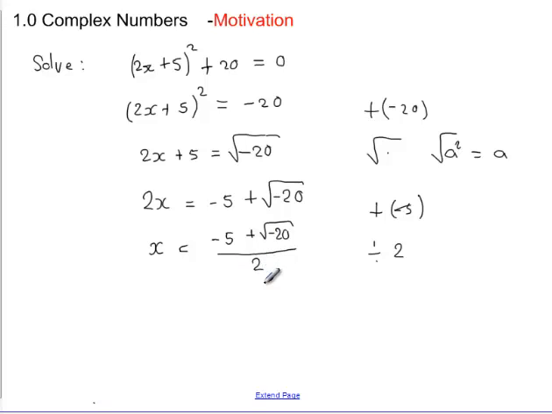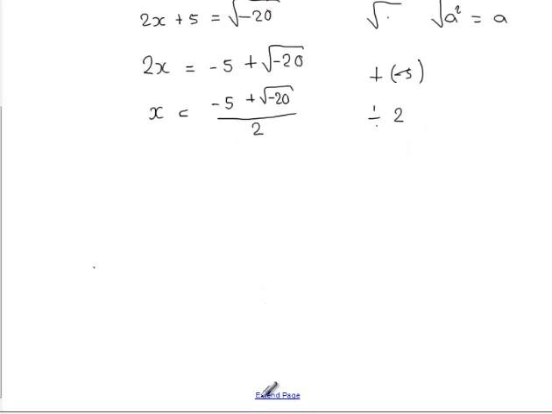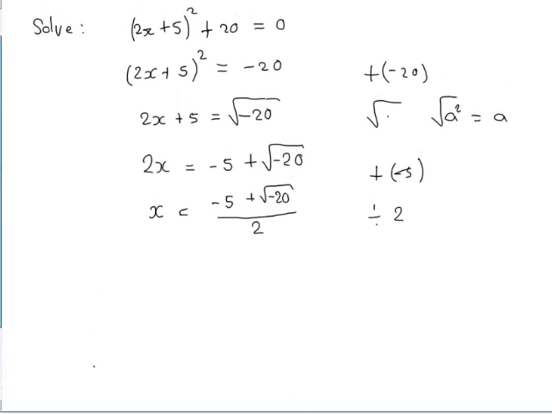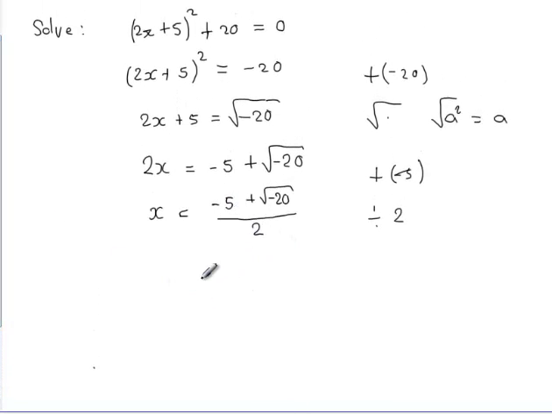What is interesting for me here, why I'm doing this, is because this expression, which we don't know what it is, is actually a mixture of what we know and what we don't know. What do I mean by that? If we distribute this denominator, we're going to have 5 over 2, which is a rational number, a real number, isn't it?